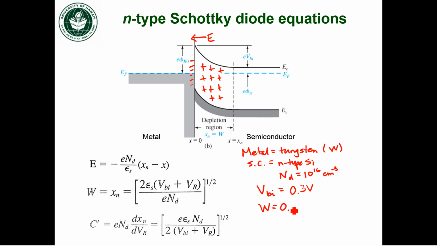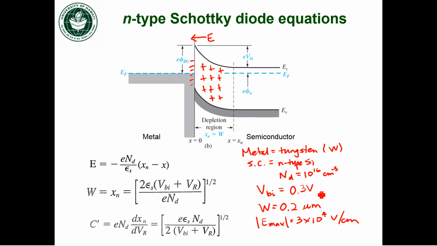That comes out to 0.2 of a micron. And if we use the electric field equation on this slide, the magnitude of the maximum electric field is 3 times 10 to the 4th volts per centimeter. So that gives you an idea.